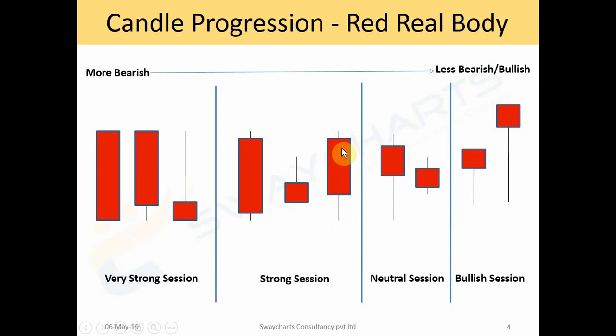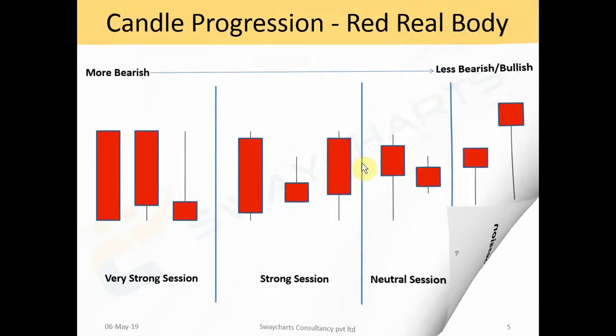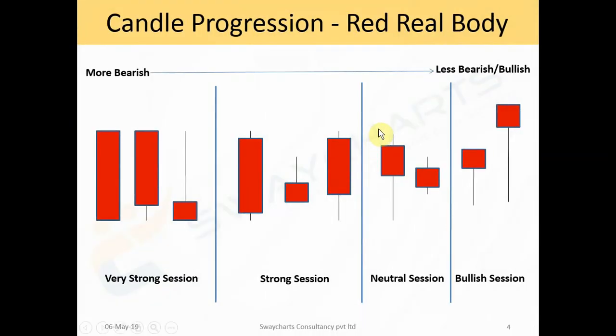But still two-thirds of the candle body is red, and that's the reason why it's a strong bearish day, right? And then something like here, where it is again showing a neutral session, where the candles are red, but you cannot take any decision about what to do the next day, and that's the reason why they are termed neutral.